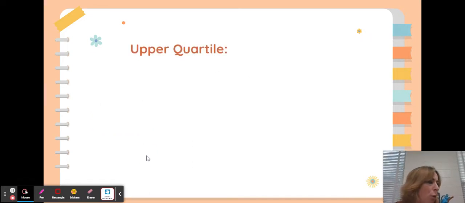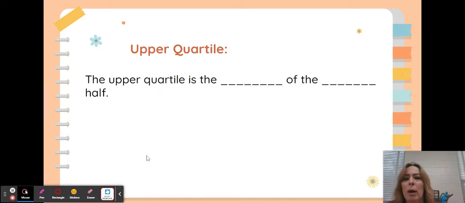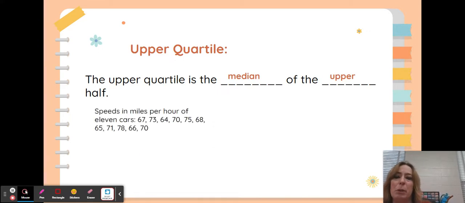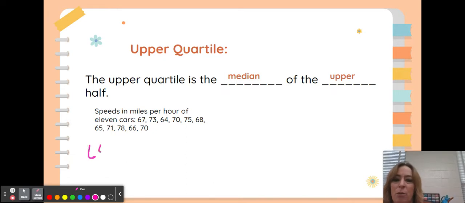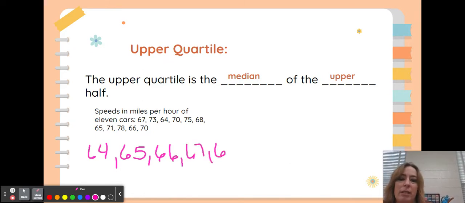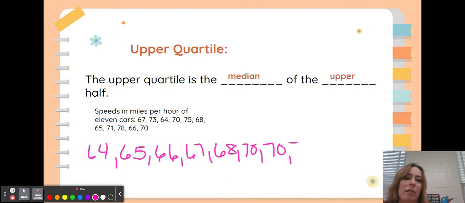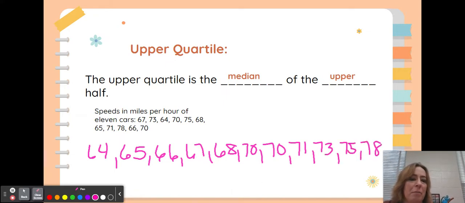Okay, now the upper quartile is the median of the top half or the upper half. So again, let's put them in order. Get my pen. We had 64, 65, 66, 67, 68, 70, 70, 71, 73, 75, last but not least 78, right?